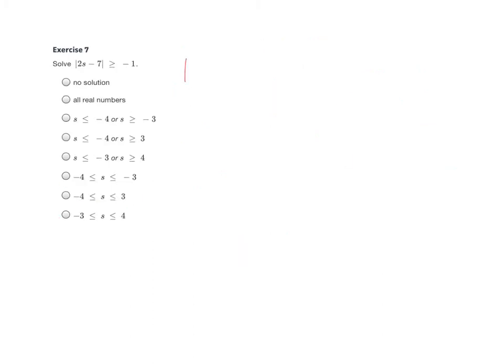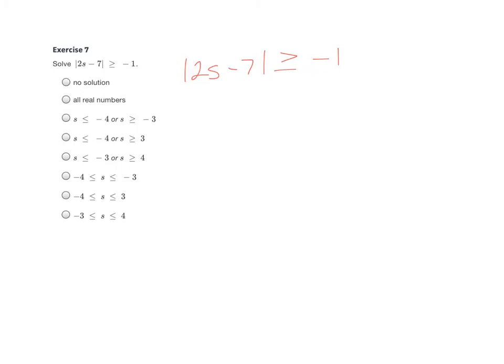So here we have absolute value of 2s minus 7 is greater than or equal to negative 1. Now, we know that this is going to be a positive, right? Will a positive ever be greater than or equal to negative 1? Well, yeah, a positive will always be greater than negative 1.